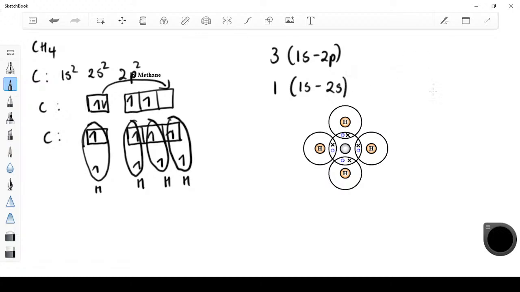bonds, right? So the s orbital, we know that it is spherical, and the electron distribution is uniform. The s orbital also being closer to the nucleus compared to the p orbital has a different energy level compared to the p orbital. In s orbital, there is no directional behavior.